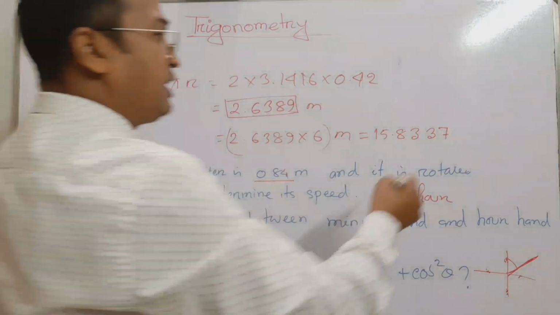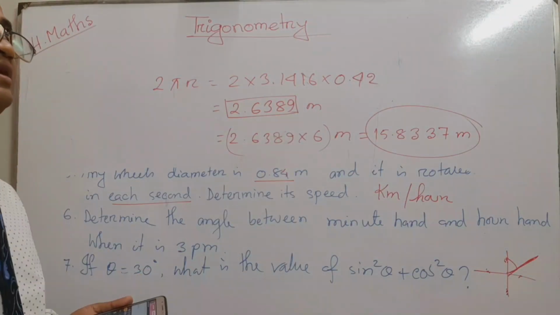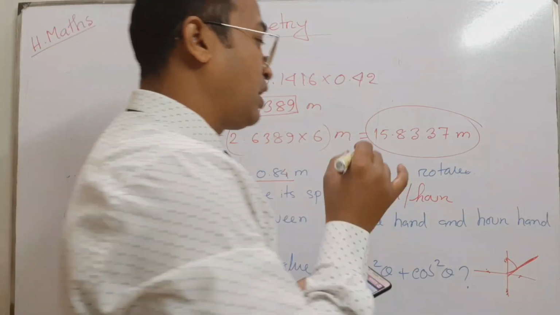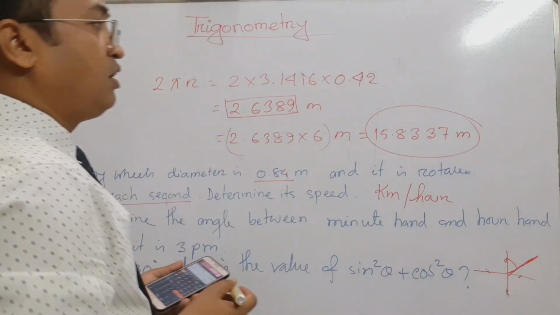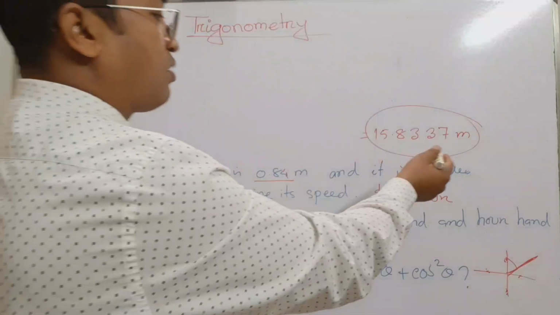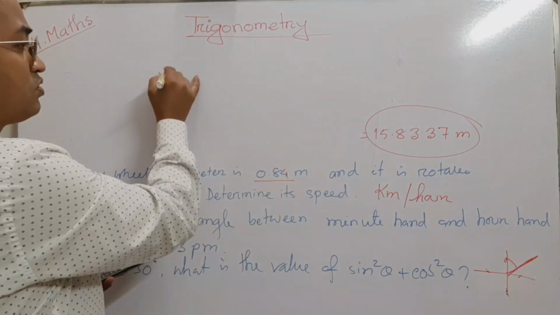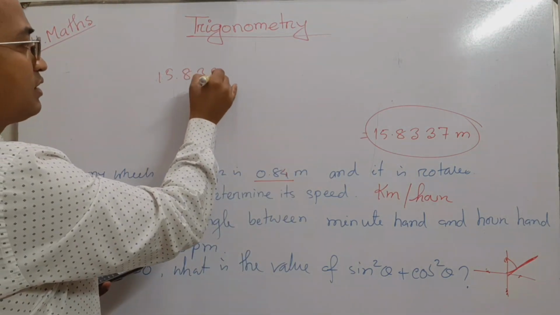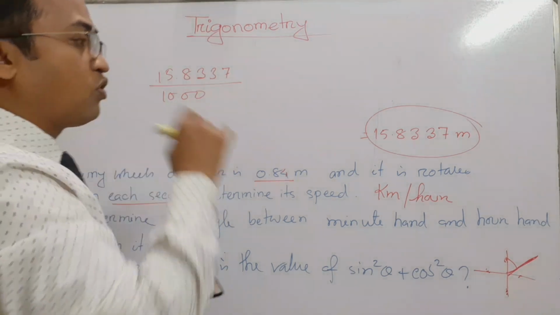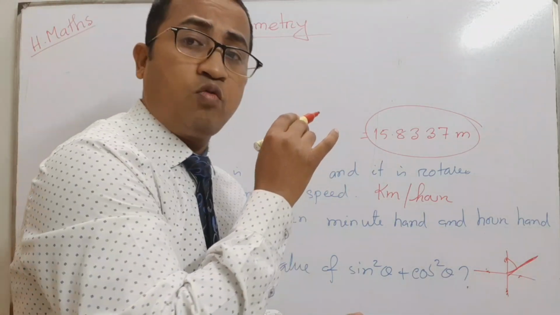So it means in 1 second it passes 15.8337 meter. Now we convert it into kilometer and hours. If you convert it into kilometer, you should divide it by 1000. So 15.8337 divided by 1000 to convert it into kilometer. Now this is for 1 second.